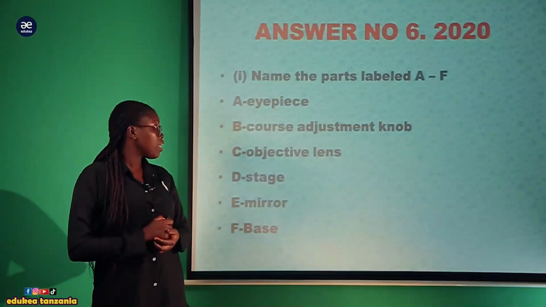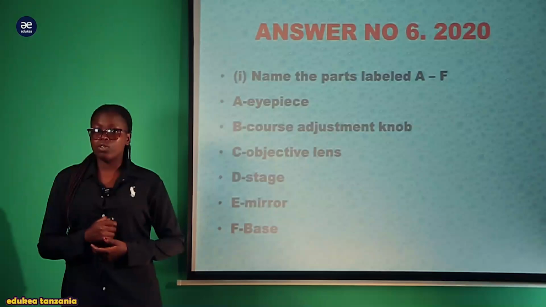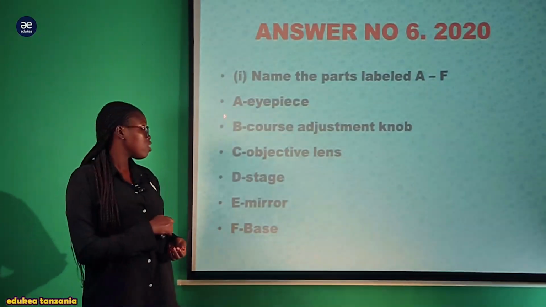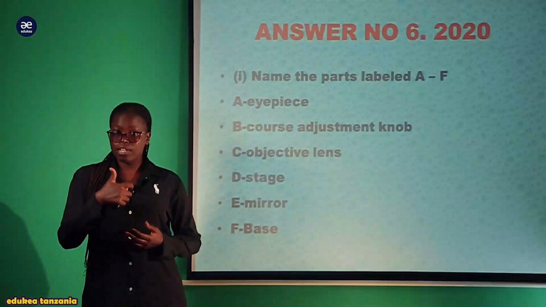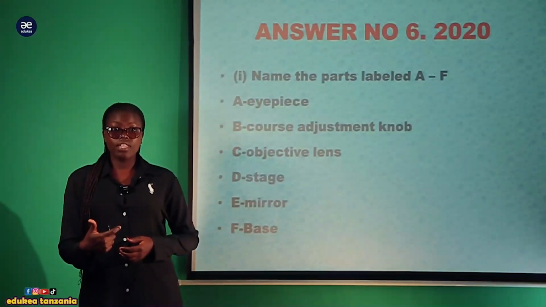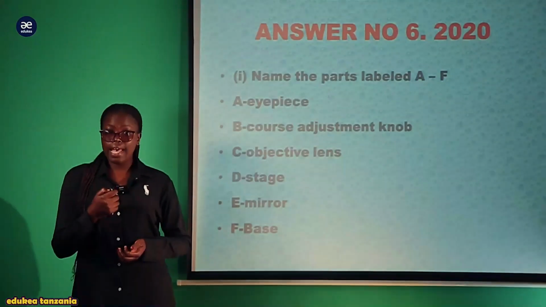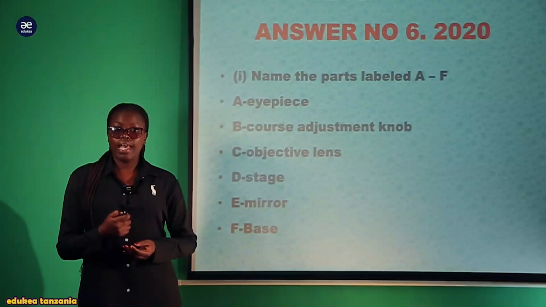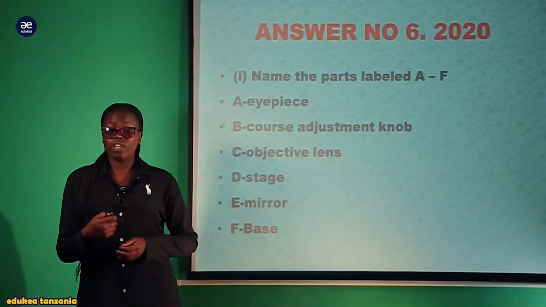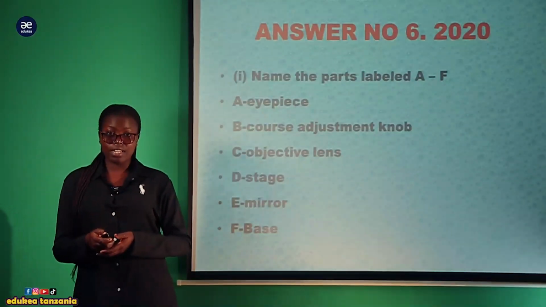The question Roman B, you have been given the diagram of the microscope and you have been asked to label part A to part F. Part A was representing the eyepiece from the given diagram of the microscope. Please stop the video, turn back to that diagram, then relate. So A is the eyepiece, B is the coarse adjustment knob for focusing or sharpness of an image, to see very clearly.